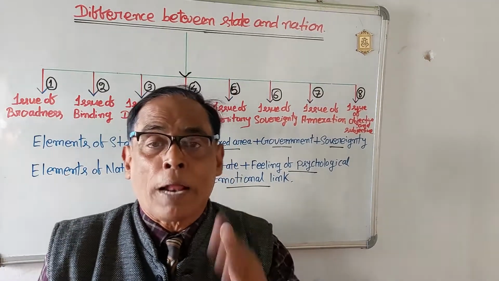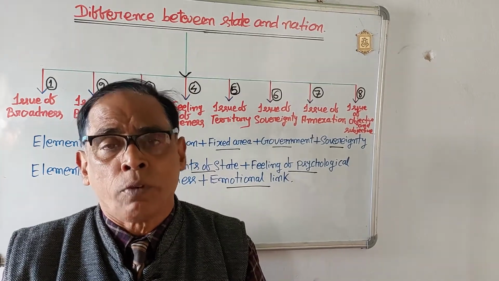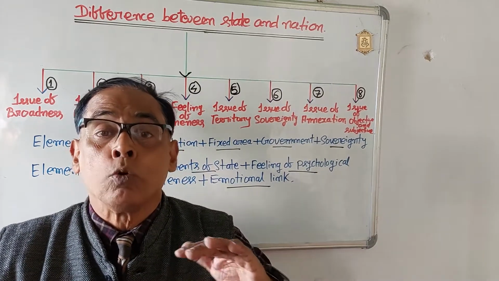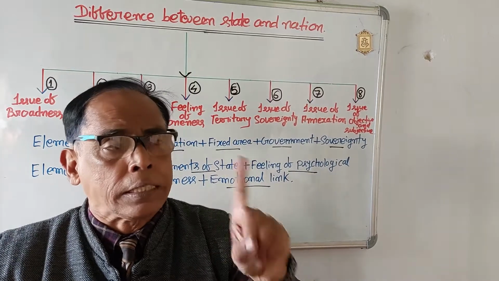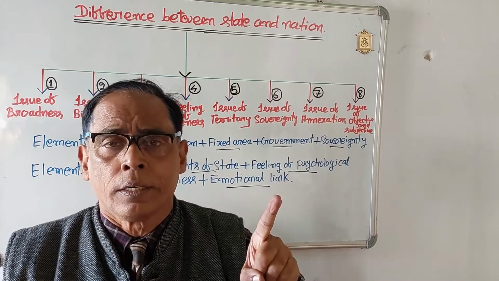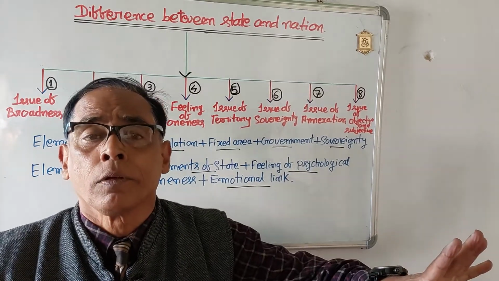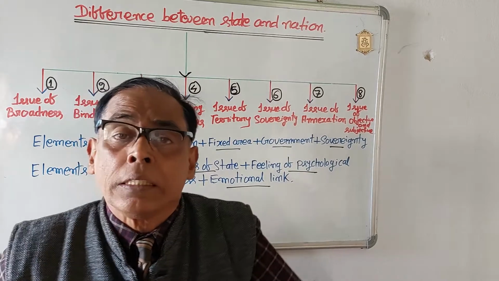For example, prior to 15th August 1947, India was unable to form a country. Indians were unable to form a country because they had no sovereignty. They were under Britain. So a state requires sovereignty, but a nation requires no sovereignty. Without sovereignty also, a nation can be formed.